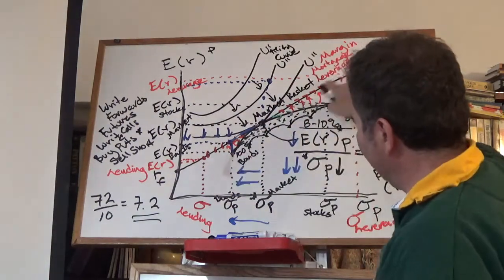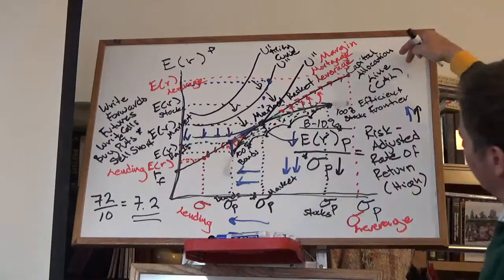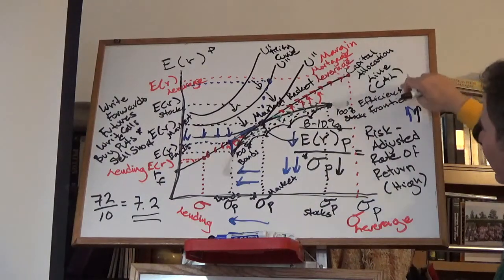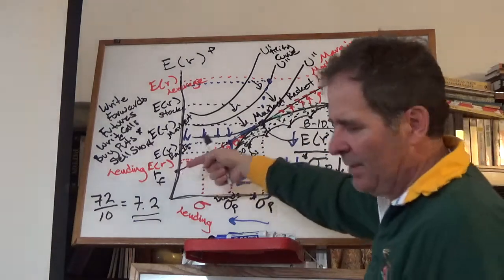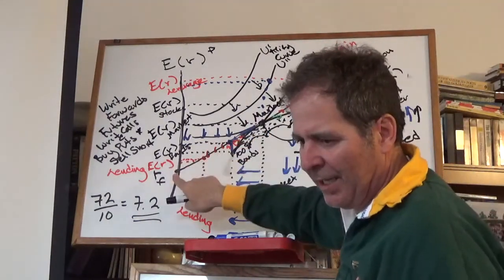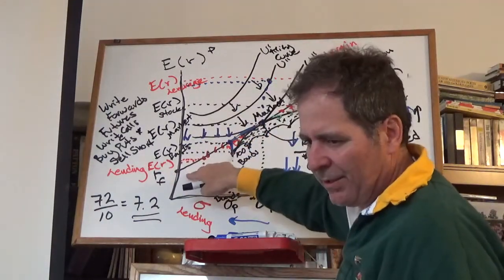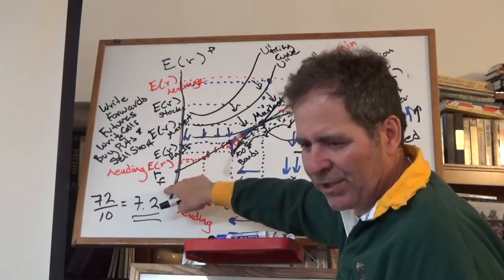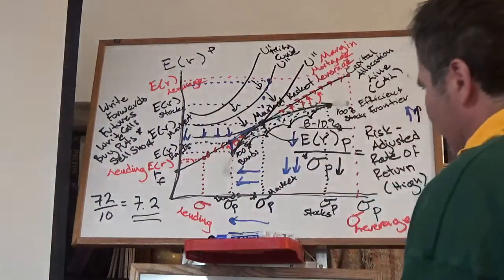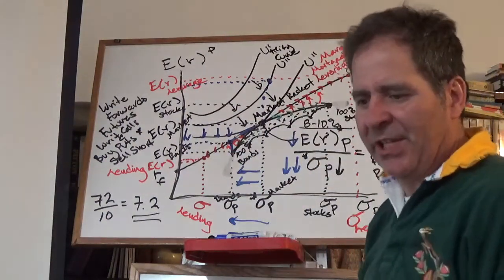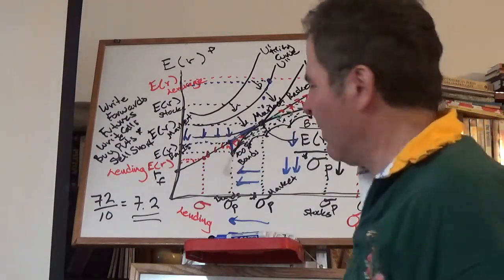And this line is called the capital allocation line, or the CAL. The intercept of the capital allocation line with the expected return on the portfolio is the risk-free rate. You could use the 10-year Treasury yield, that's the benchmark interest rate. So that's the first thing you do when you're laying out this model.